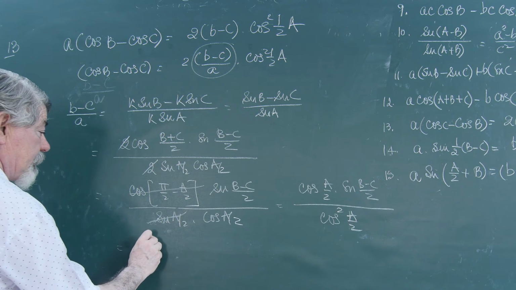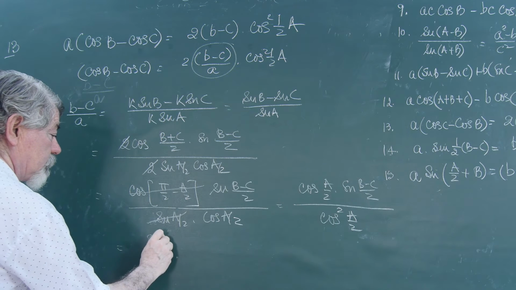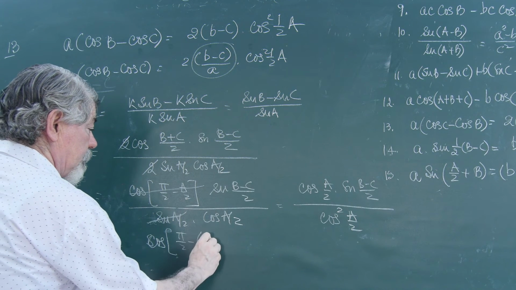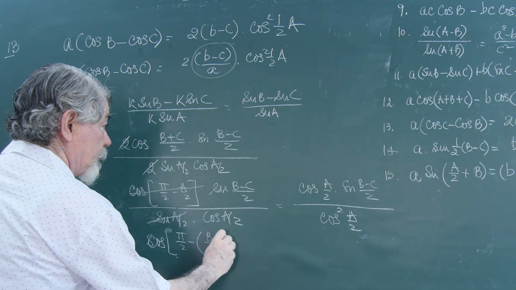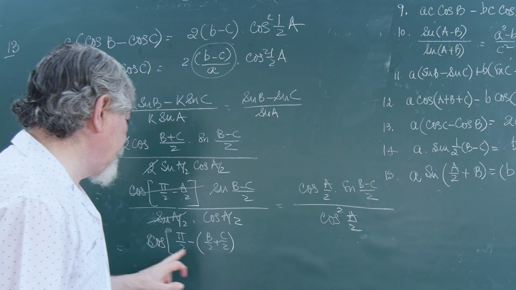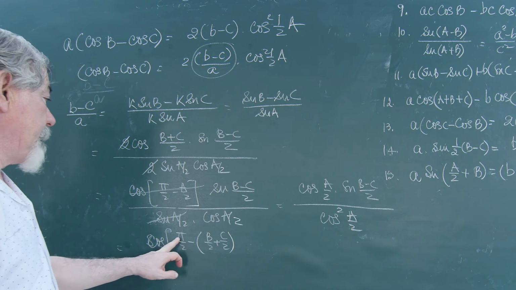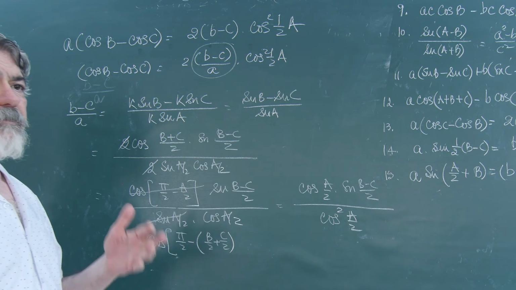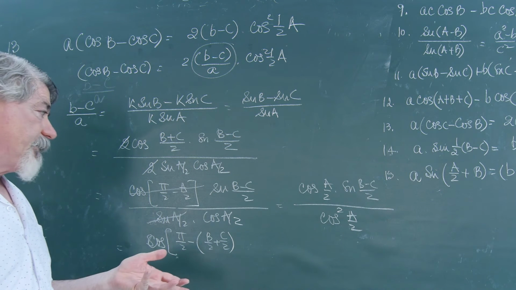Cos a by 2 can be written as cos (pi by 2 minus b by 2 minus c by 2), because a by 2 plus b by 2 plus c by 2 is pi by 2.